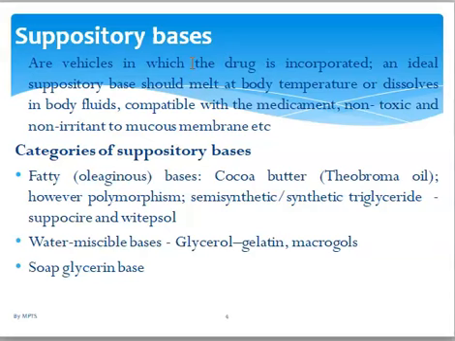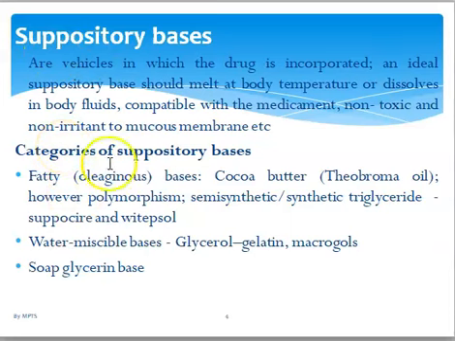Because imagine you insert your drug in a base where the drug has more affinity to the base. Of course, you want it to be absorbed in the rectum or via other means. Also, the base should be non-toxic, non-irritant, and cost effective.